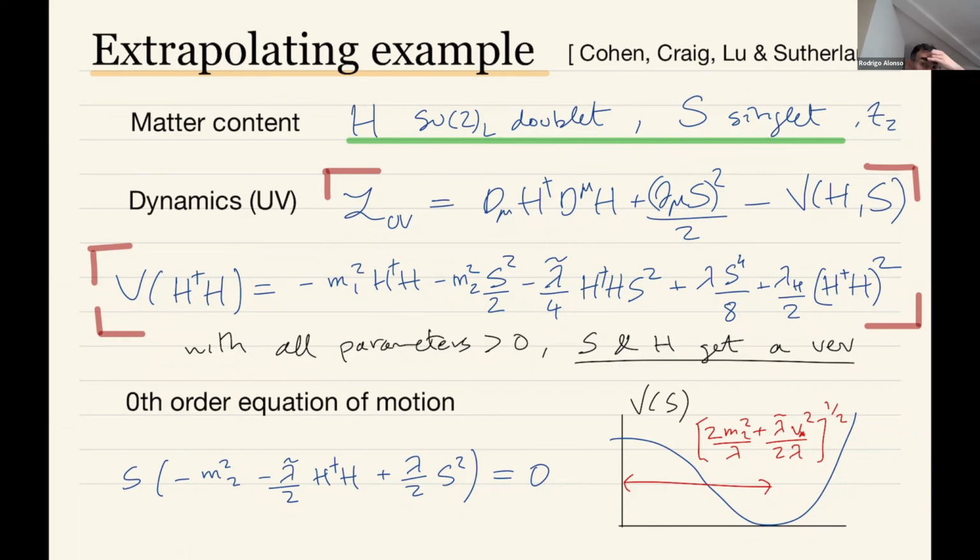Now, having said that, that would be postponing the problem, because if your UV theory has curvature itself, it means that it also has another cutoff. So maybe you're just postponing the problem a bit further up.